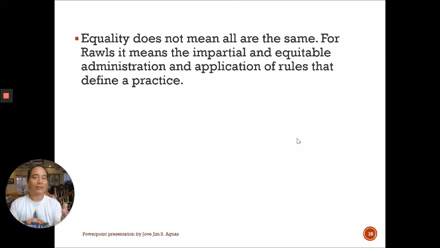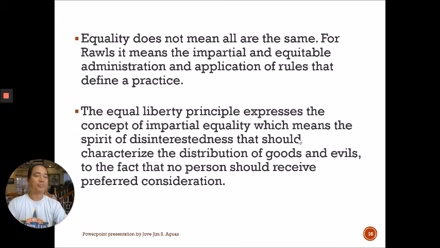So equality for Rawls means the impartial and equitable application of rules. So the equal liberty principle expresses the conception of impartial equality, which means the spirit of disinterestedness that should characterize the distribution of goods and burdens of evil, the fact that no person should receive preferred consideration.